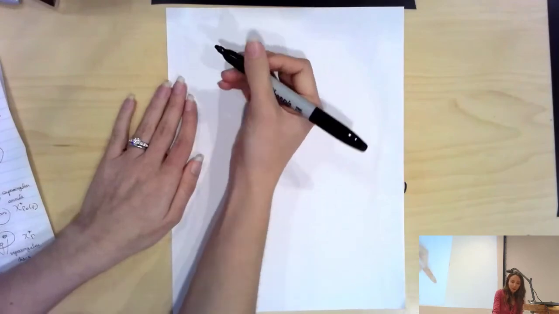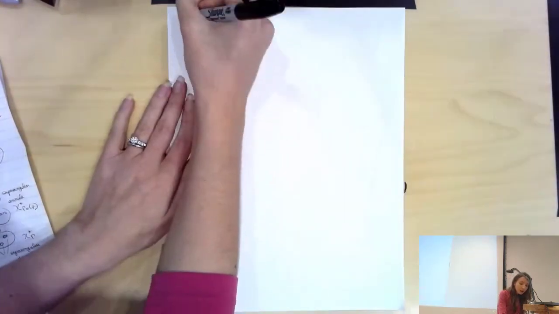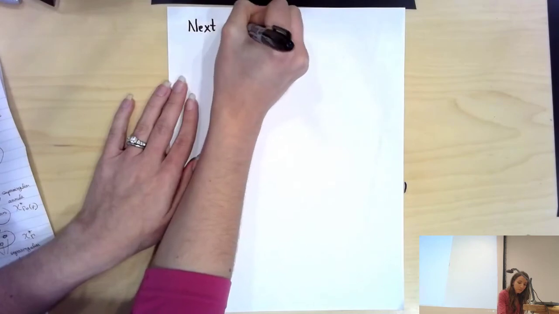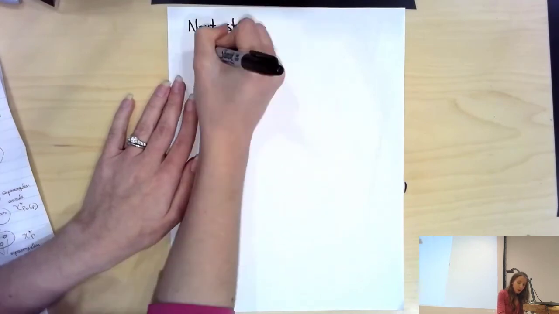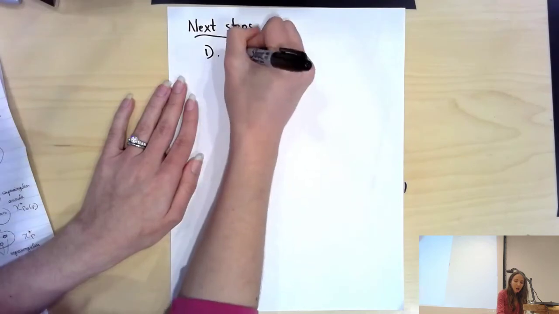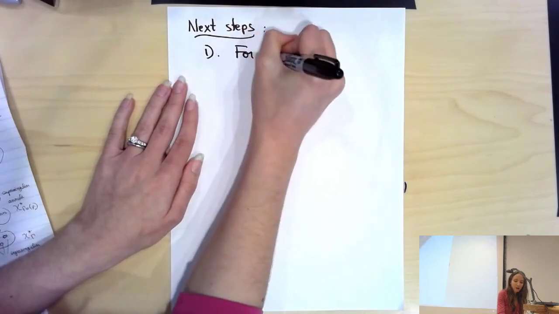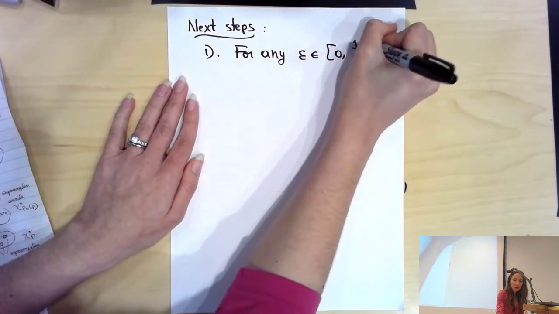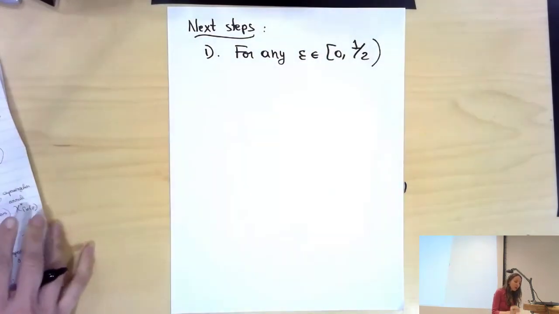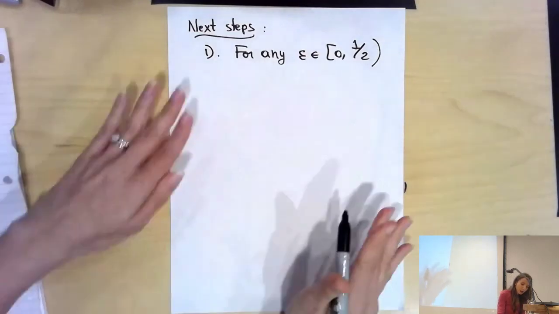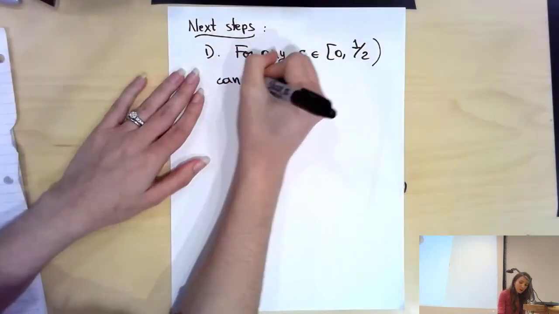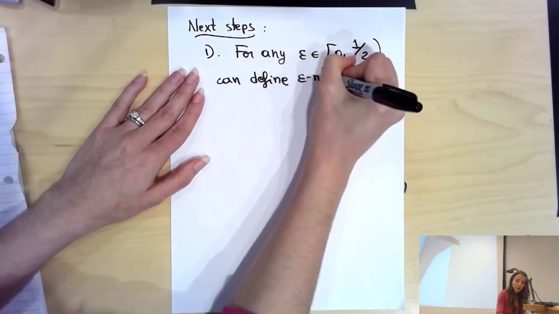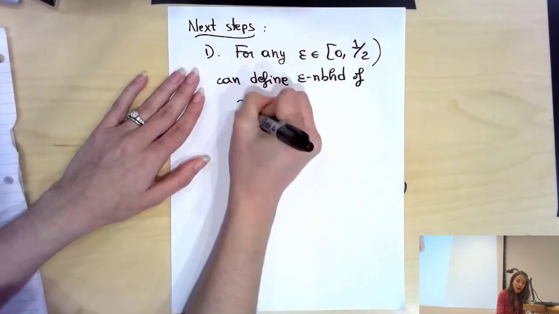So I'm going to try to explain how to do this. And so the next steps. The first thing is that for any epsilon in, say, (0, 1/2), you can work with a version. You can define an epsilon neighborhood of the ordinary locus at level gamma.